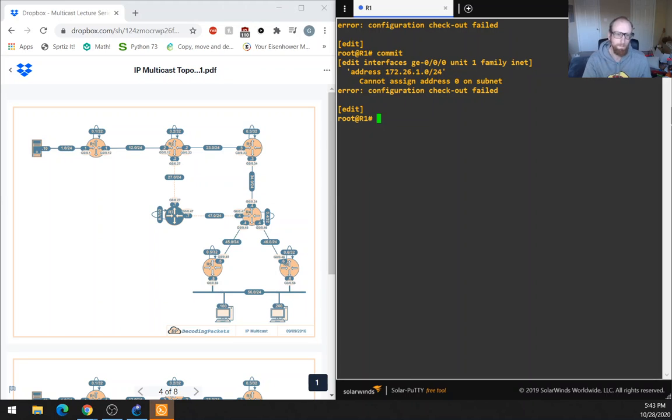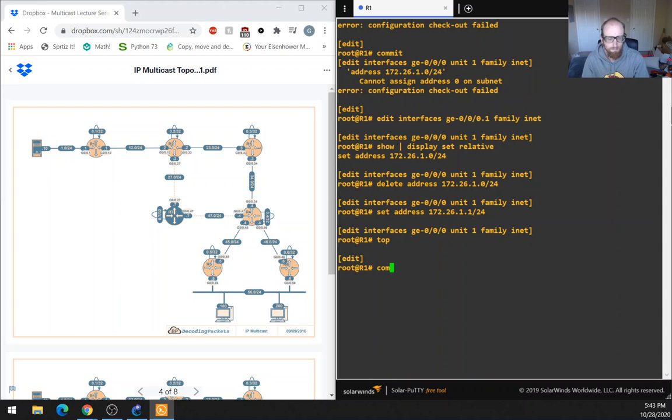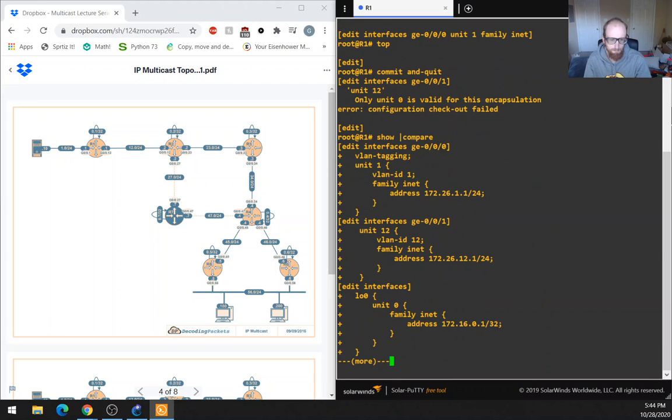This side's going to be .1. Oh, I think I forgot to enable VLAN tagging on it. Yep.